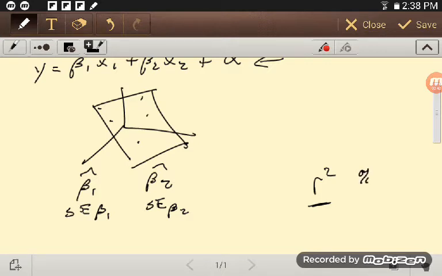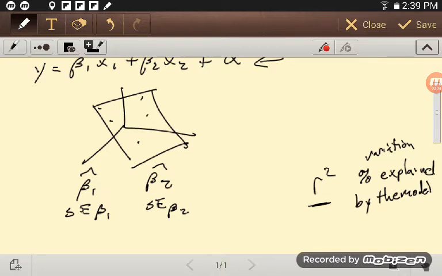So percent explained, percent of the variation in y explained by the model. Okay, so that's all multiple regression is doing, but it turns out that gives us a great tool.